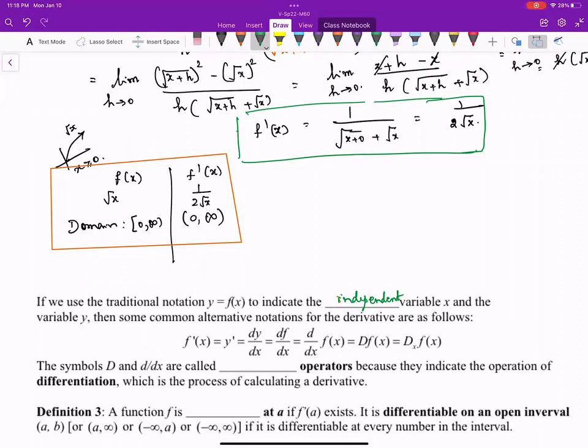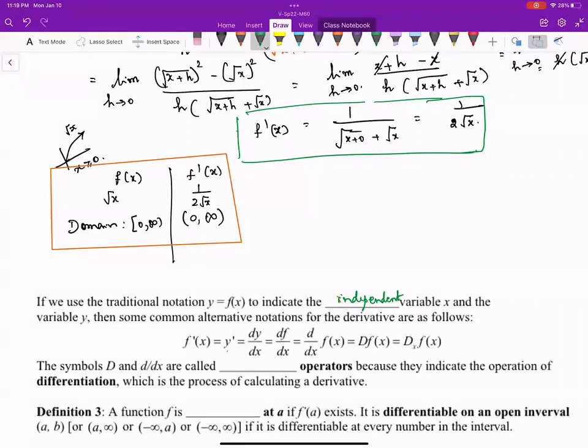All these notations were introduced by the mathematician Leibniz. So we are able to now use calculus in a precise way because the symbols are also helping us to write calculus in a precise way.